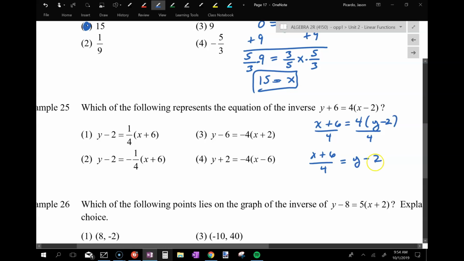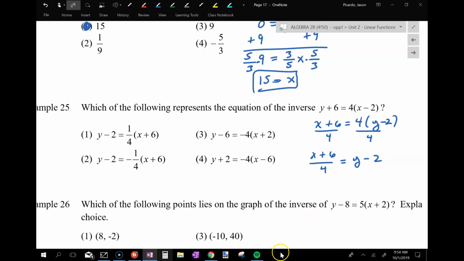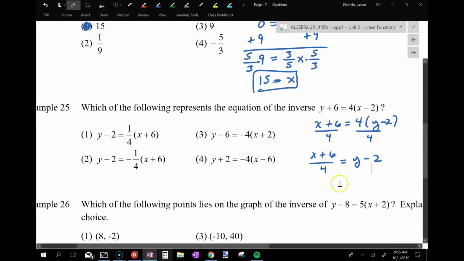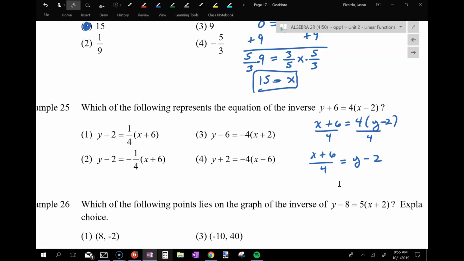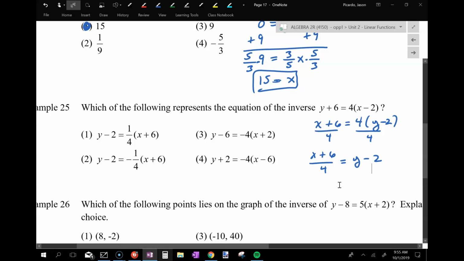So I get that. Is that a choice? Not the way I wrote it, right? Guys, dividing by 4 is the same as what? What is dividing by 4? The same operation as multiplying by 1/4. Yeah, let's write that down. Dividing by 4 is the same as multiplying by 1/4.